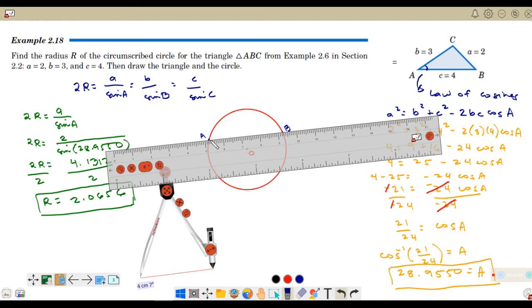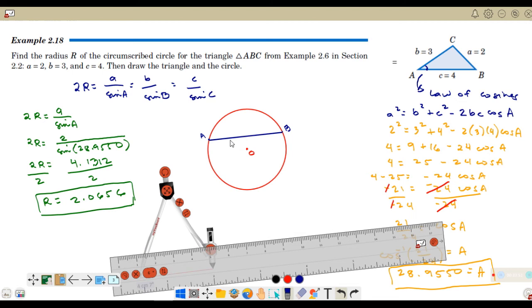Drawing tayo ng AB. Okay. So, ito si C, which is equal to 4.